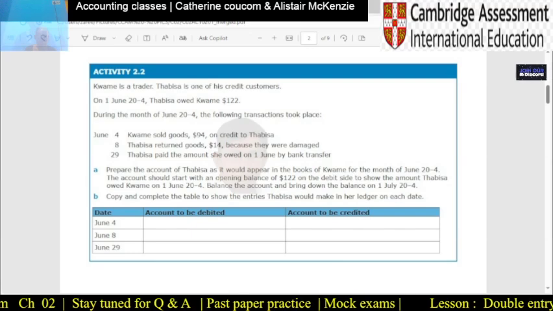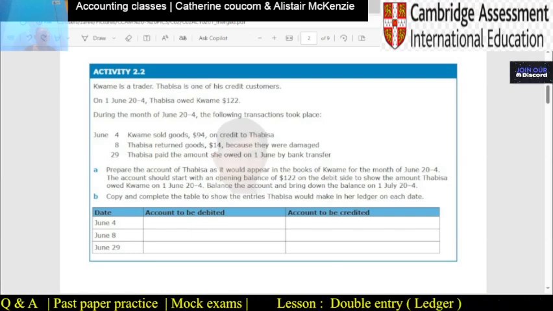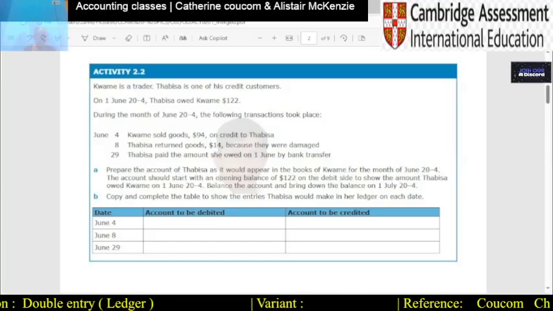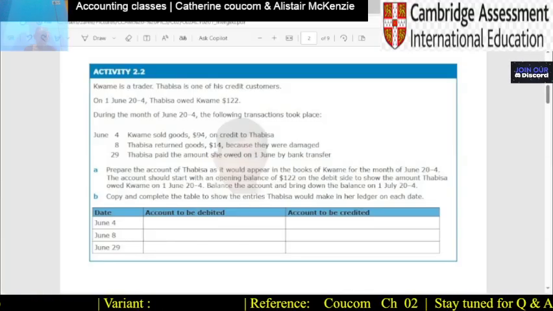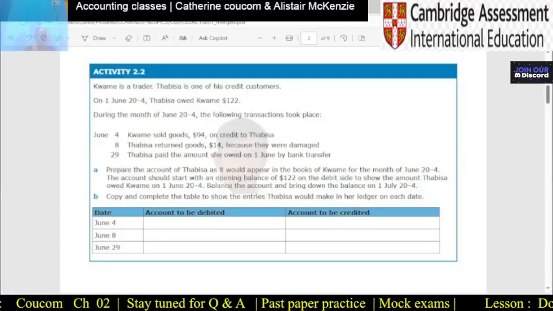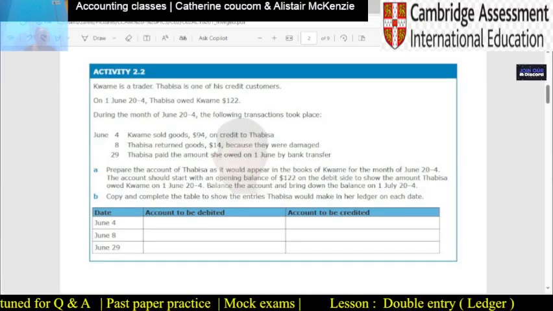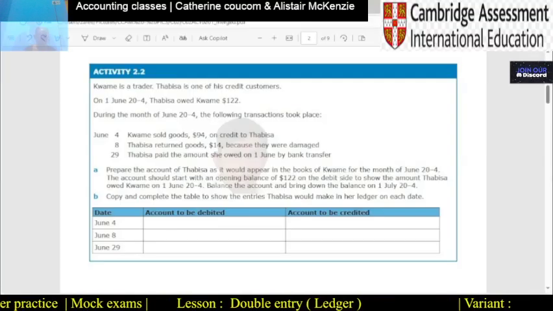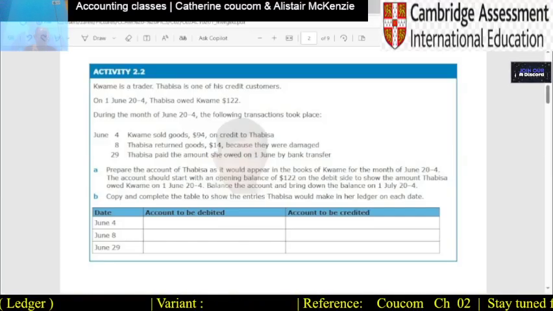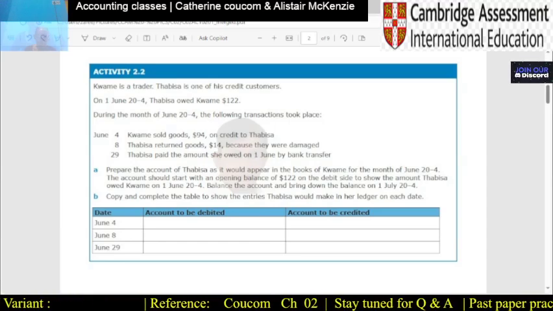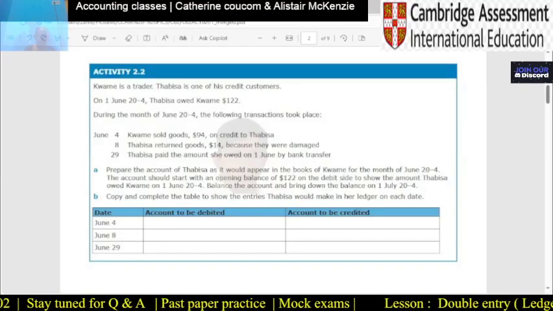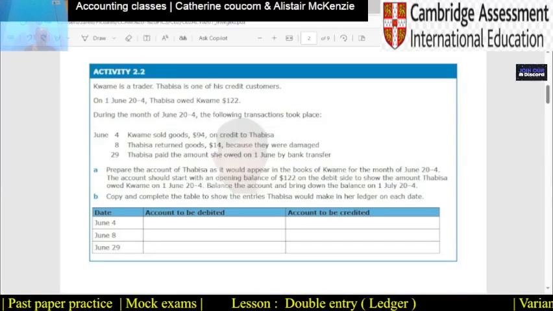What has happened? Next transaction. Kwame sold goods of 94 on account to Tabisha. Kwame sold. Books of Kwame means sales. Kwame sold to Tabisha.